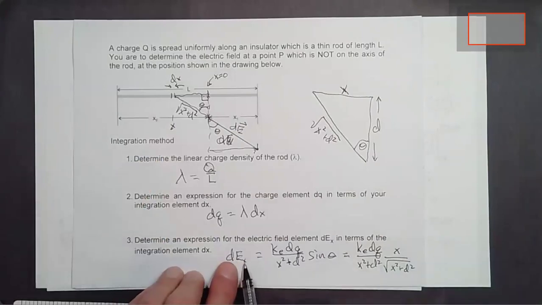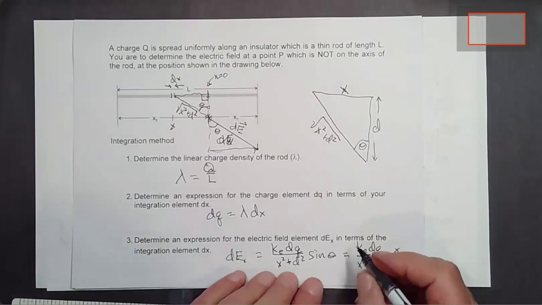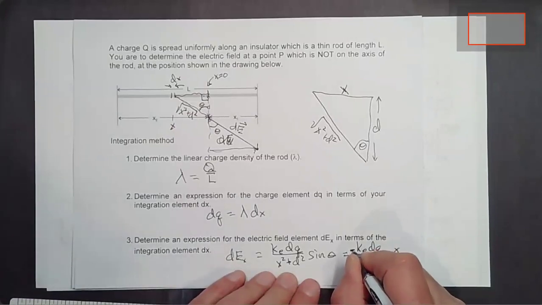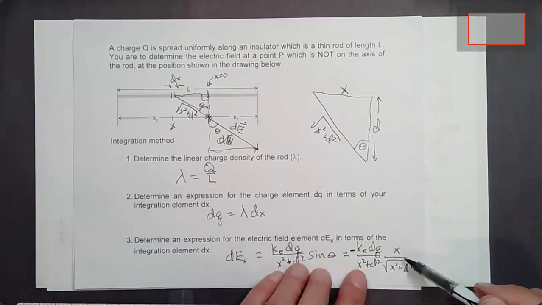That means my dE sub x would be negative, and so I need to put a minus sign in front of this expression to get my electric field pointing in the direction that it has to be. That's something I have to pause at this moment and make sure I get it pointing in the right direction.